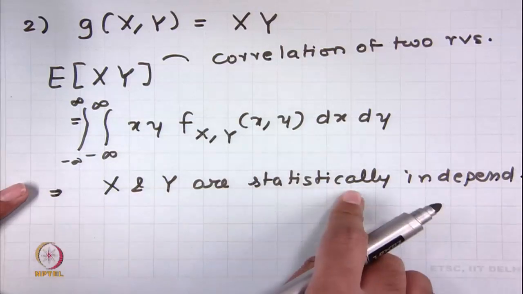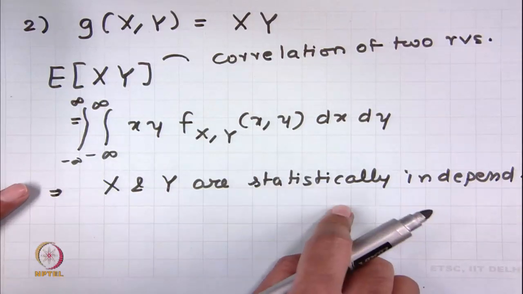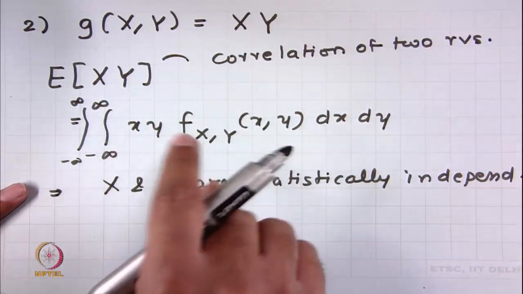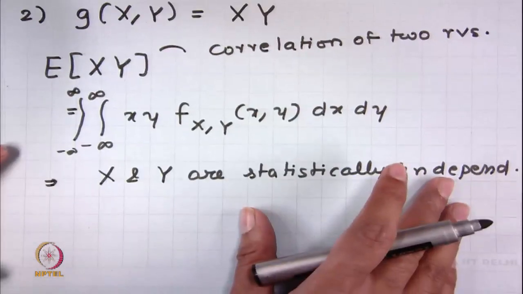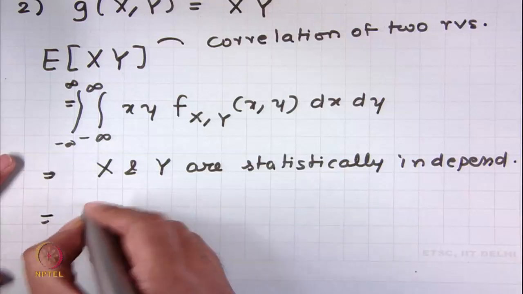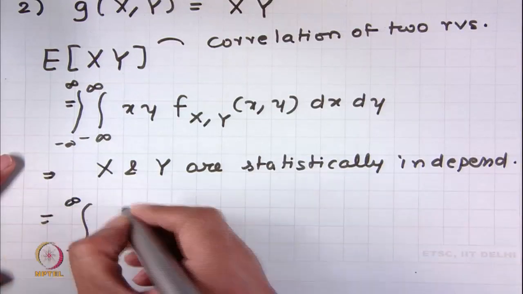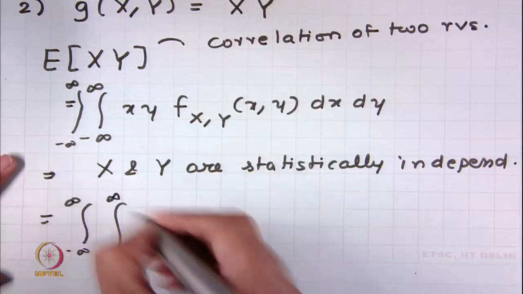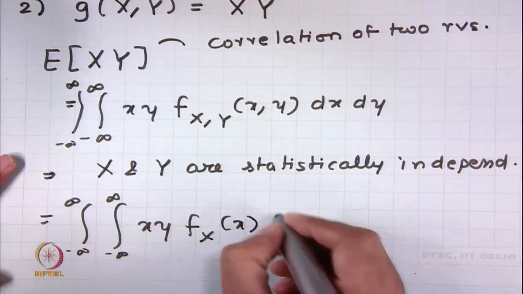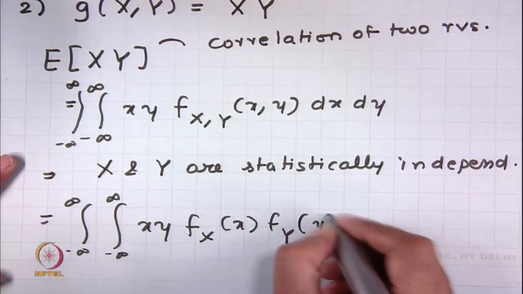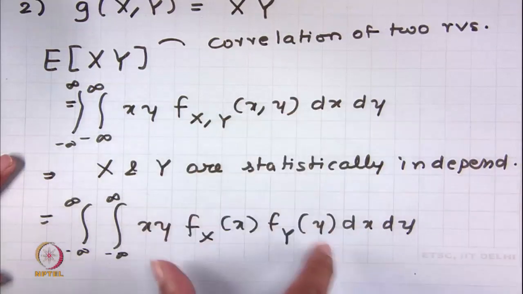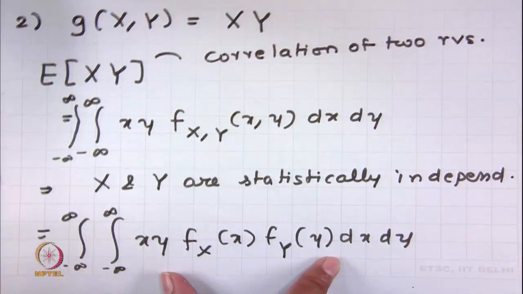If two random variables are statistically independent, then their joint PDF can be replaced by the multiplication of their marginal PDFs. So, in this case I can simplify this expression. I am just replacing the joint PDF in terms of marginal probability density functions.